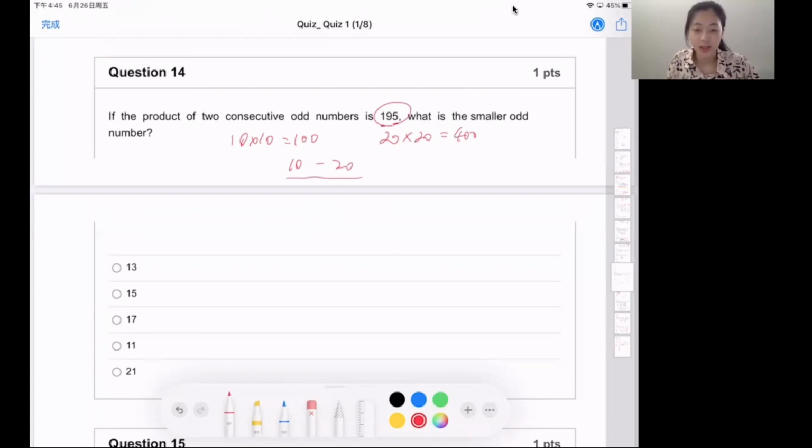Between 10 and 20, the number that ends with 5 is 15, right? And now we know what number we can divide by. So 13 and 15, which one is smaller? 13.